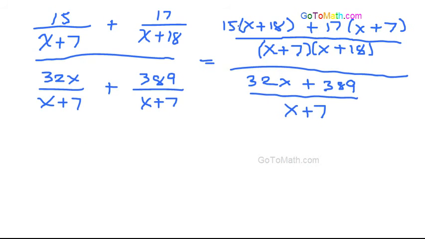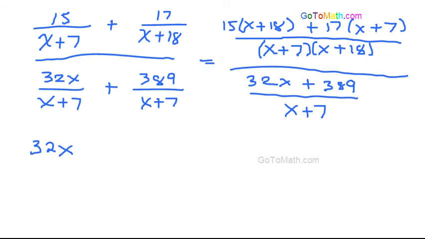So I'm going to actually skip some steps here, and hopefully you can keep up. So we're going to have 15x and a 17x, and 15 plus 17 is 32x. Okay. And then of course we distribute the 15 to the 18, and then the 17 to the 7, and then add both of those guys together.